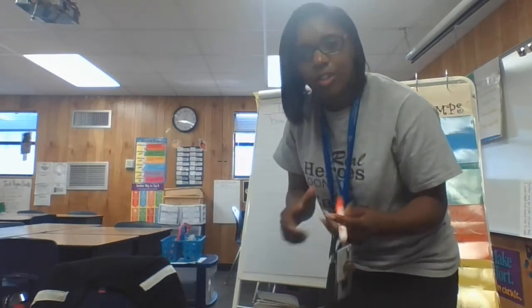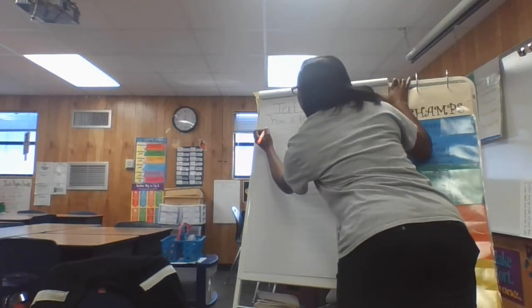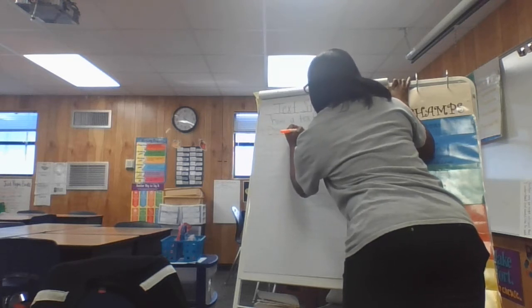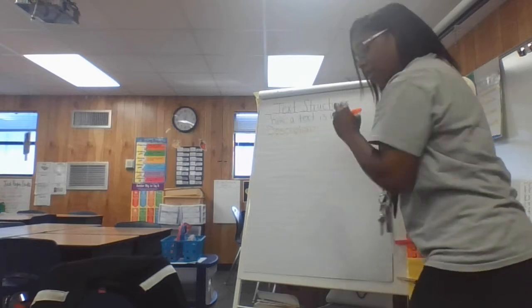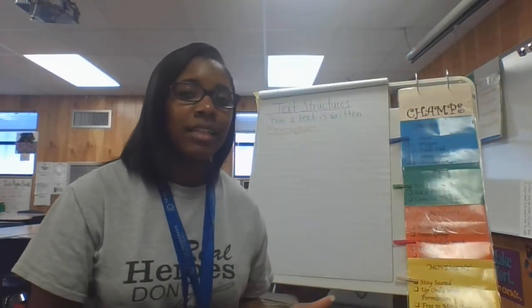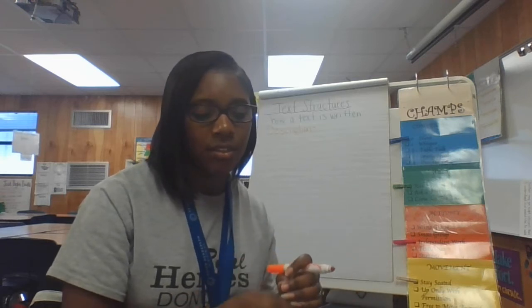The first one is called description. An author will write a text in the structure description when they want to give a central idea and then provide details about it. This past week, we've been talking about that central idea and those supporting details.